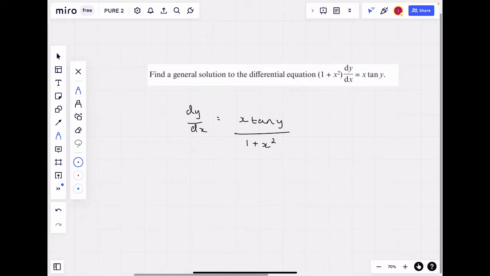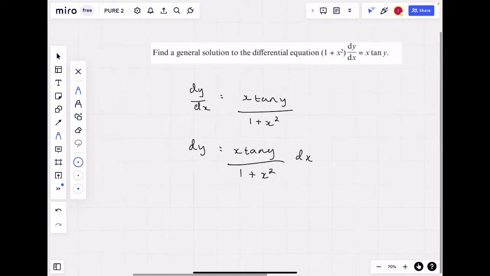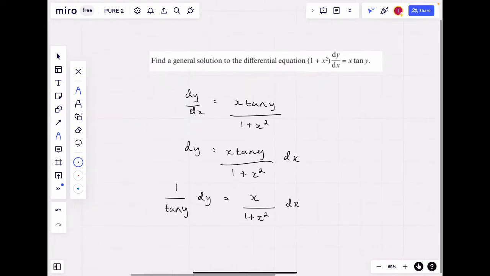Now if we take the dx to the other side, the last thing we need to do is move the tan y. So if we divide by tan y, we get 1 over tan y dy equals x over 1 + x² dx. Now we're in the format we wanted.